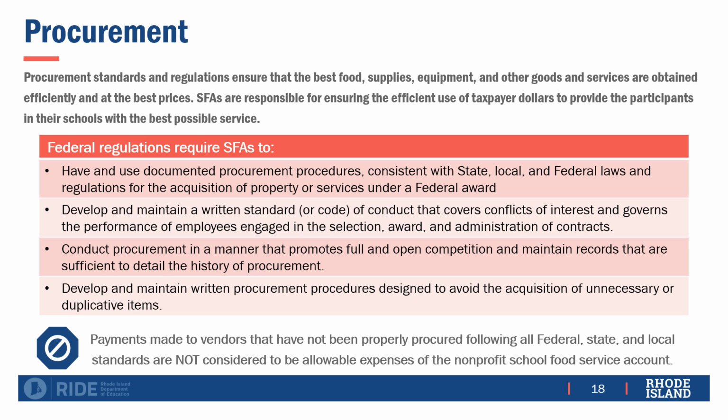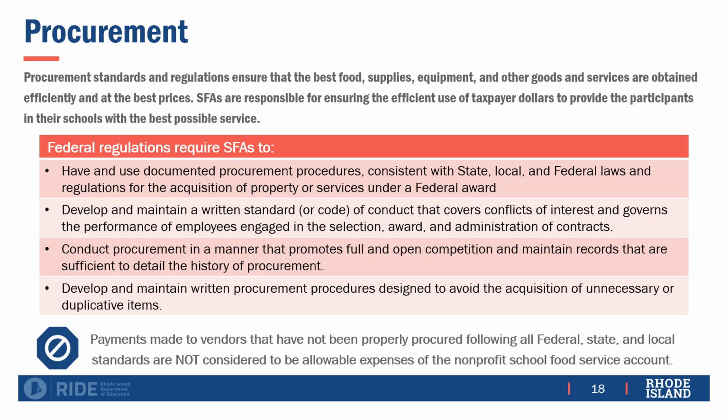At a minimum, SFAs must conduct all procurement in a manner that promotes full and open competition, maintain written procurement procedures in line with federal standards, and develop and maintain a written code of conduct that governs the performance of employees engaged in the selection, award, and/or administration of contracts.